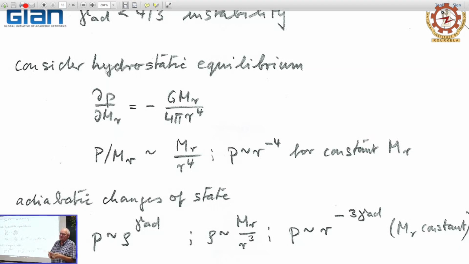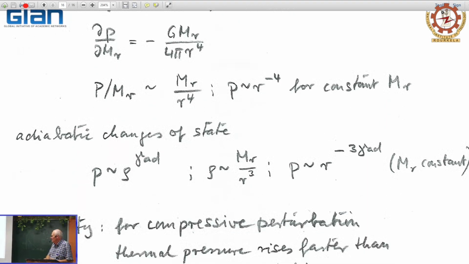And of course, the opposite for instability: gamma adiabatic is smaller than 4/3. So we can explain it in an intuitive way simply by considering how the pressure scales with radius in equilibrium and how the pressure scales with radius once we adopt a thermal reaction of the thermal pressure onto our compression or onto our perturbation. Okay?